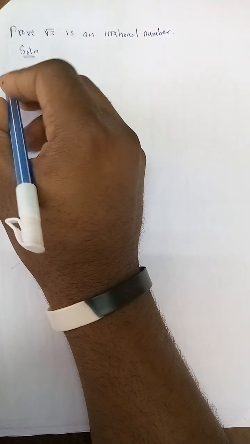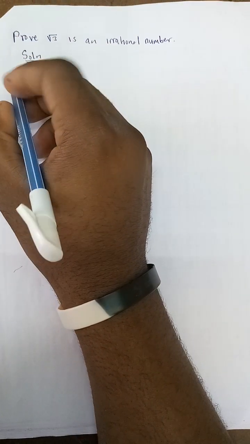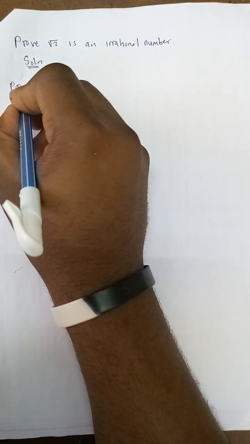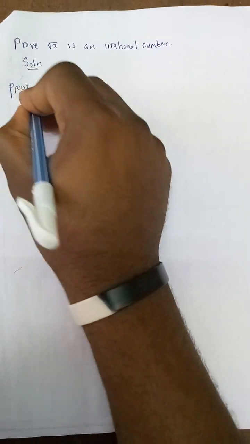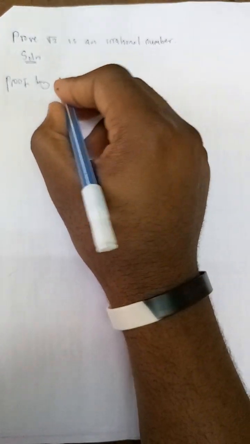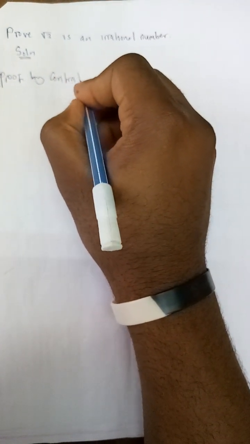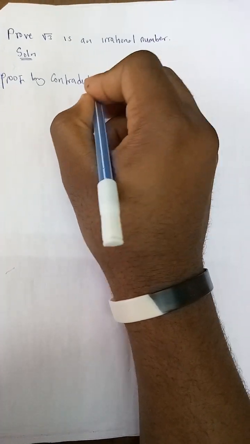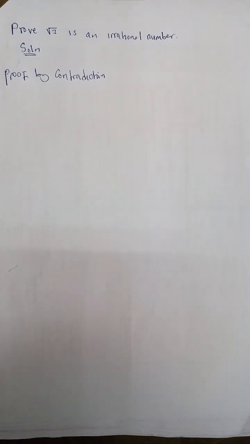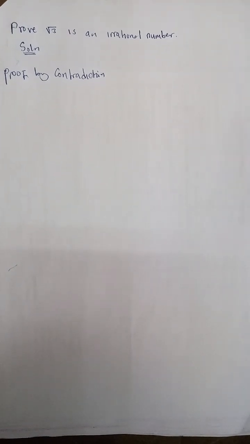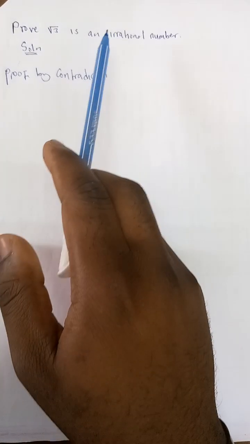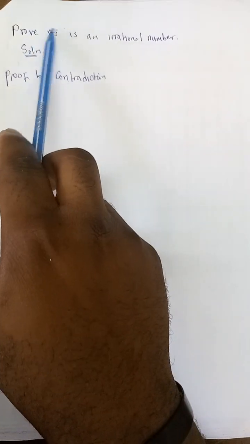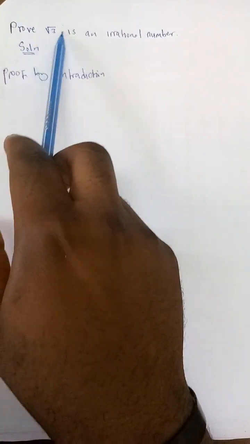So first of all, you say proof by contradiction. We're going to contradict our statement by assuming the square root of 3 to be rational.